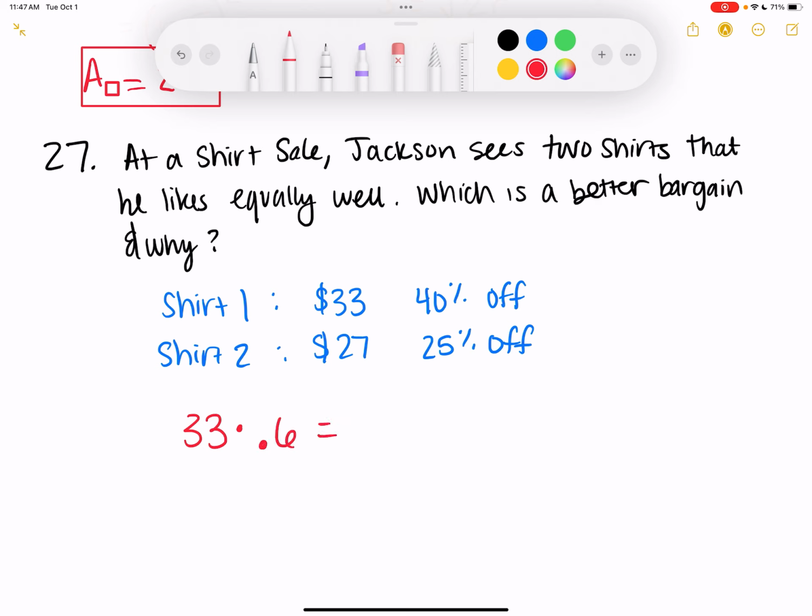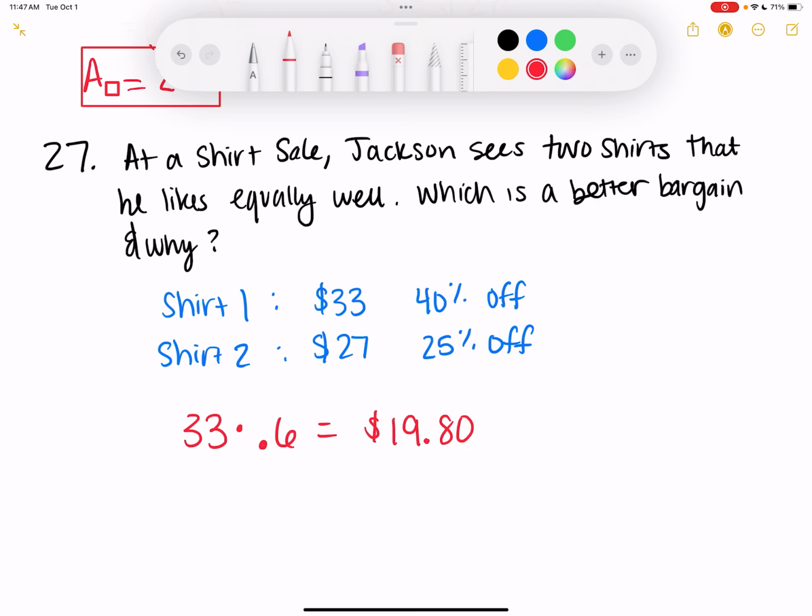Somebody want to type that in and tell me what it is? And it's money, so we want 2 decimal places, $19.80.